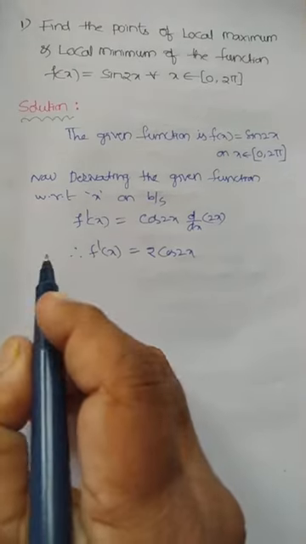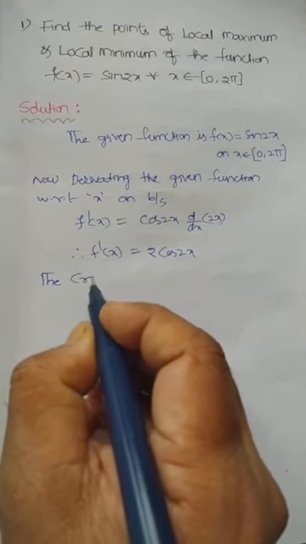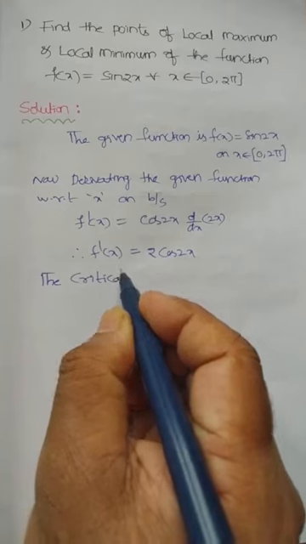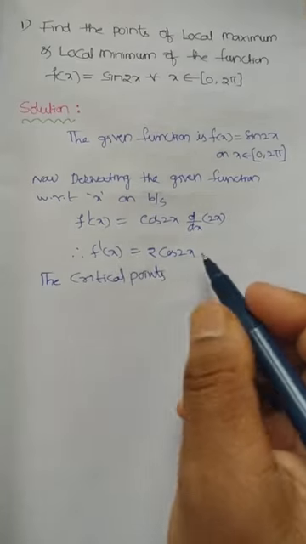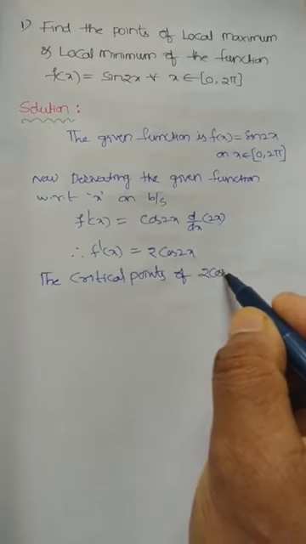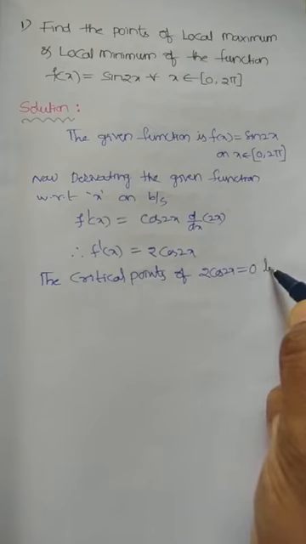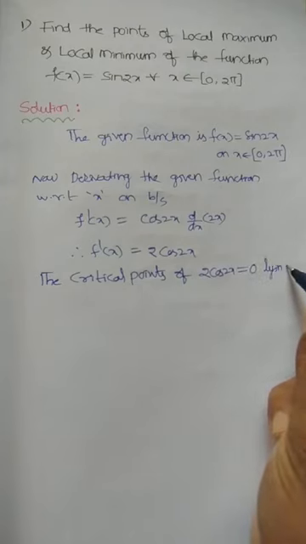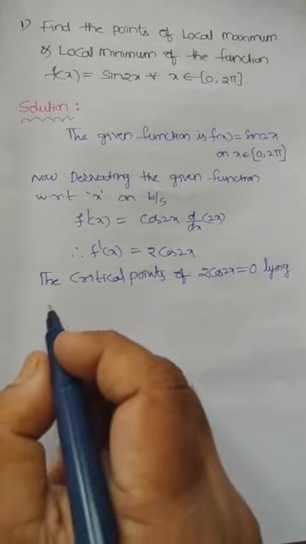The critical points of 2 cos 2x, this is our f dash of x, equal to 0, lying in the domain.